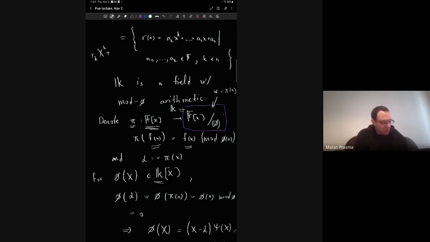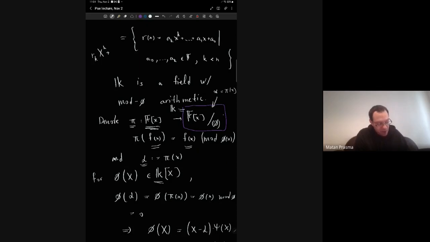But what happens when I substitute in this phi capital X, I substitute pi of x, which for convenience I called alpha? I substitute pi of x, I get phi lowercase x.